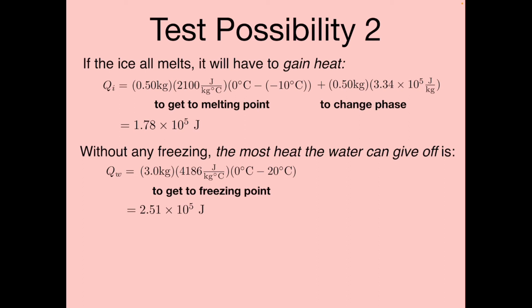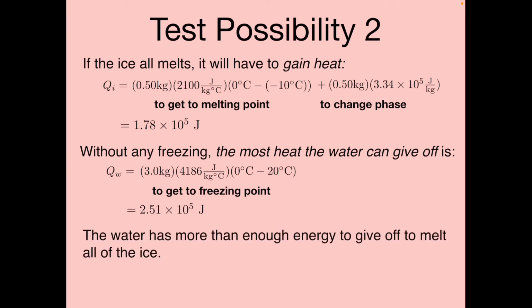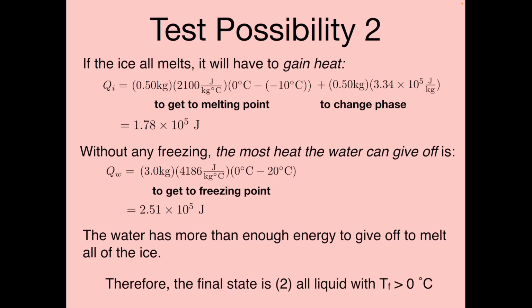And there's actually a typo here. This should be a negative sign because the water is giving off this heat. But the point is, the water has more than enough energy that it can give off to melt all of the ice. So the final state is number 2. It's all liquid water with a final temperature something above 0 degrees Celsius, something above the melting point of water.